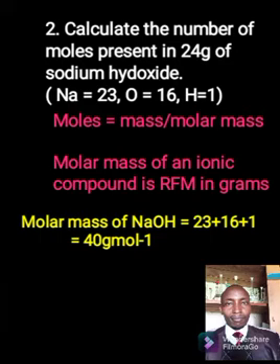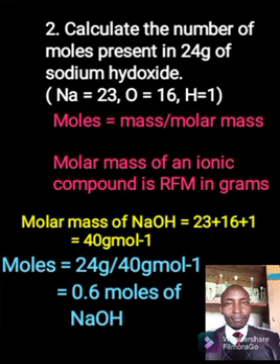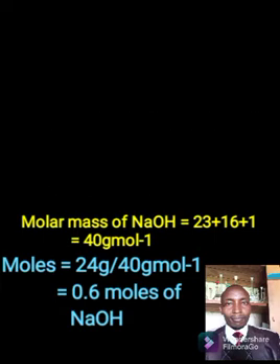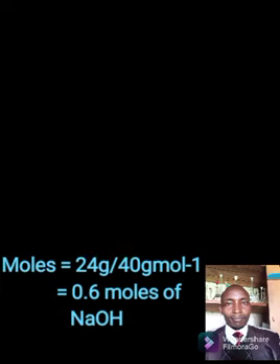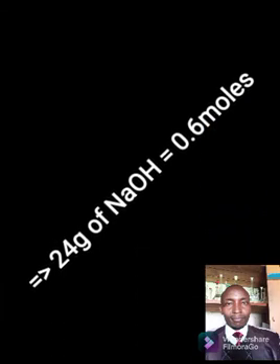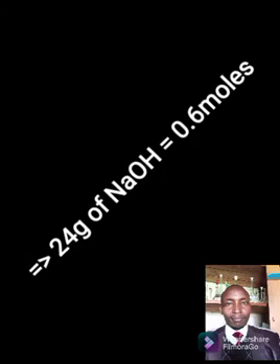Now, going further to calculate the number of moles, it will be the 24 grams that you're given divided by 40 grams per mole. And for that, you get 0.6 moles. That means 24 grams of sodium hydroxide is equivalent to 0.6 moles.